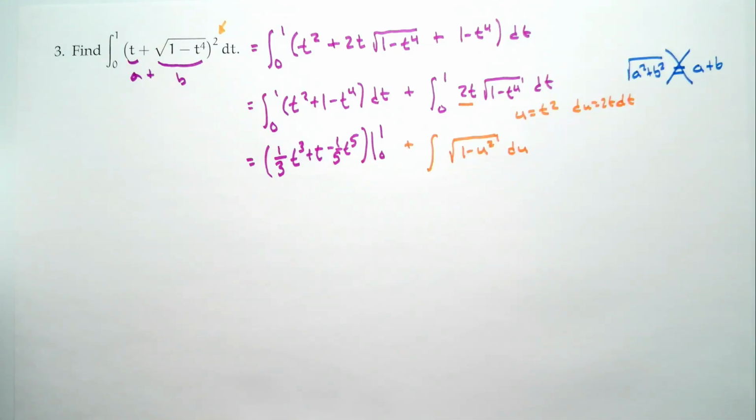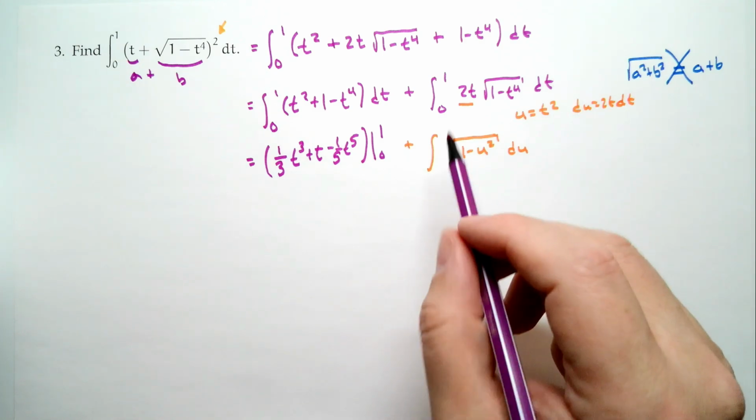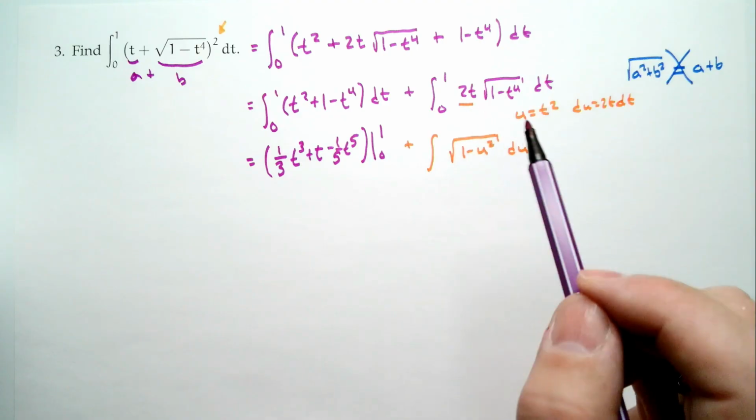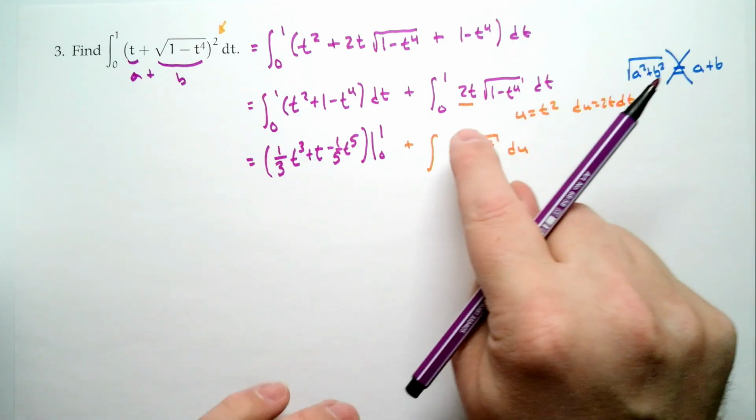Now, you have to be careful here. And I know that not everybody has caught up to the point where we're talking about substitution with definite integrals. So I want to be careful and explain what's going to happen, because we haven't finished the substitution yet. Notice that this has bounds. These bounds, 0 to 1, are the old bounds. These are bounds for t.